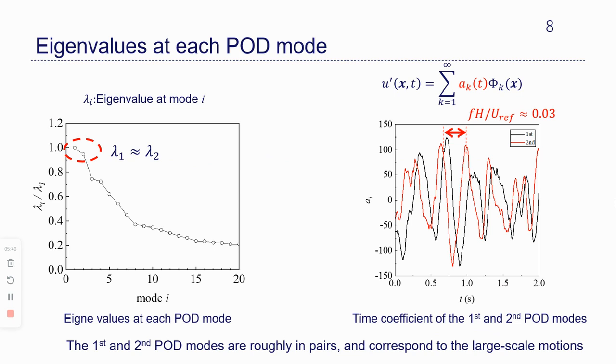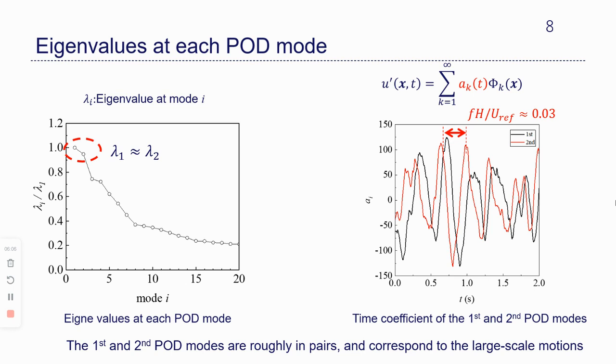Here is the eigenvalue at each POD mode. As you can see, the first and second eigenvalues are almost identical. And the shapes of the time coefficients of the first and second POD modes are not completely a sine function, but very roughly the shape resembles the sine function.